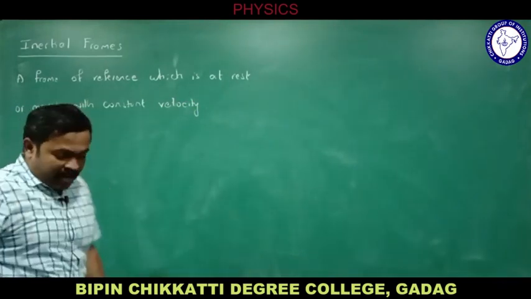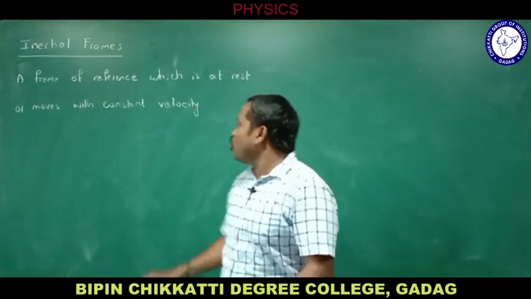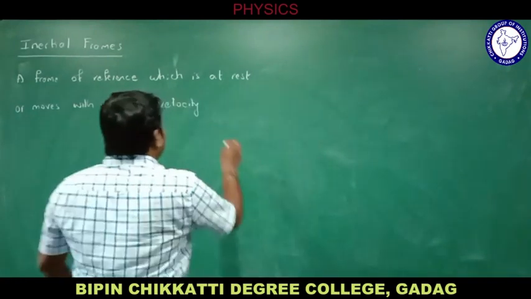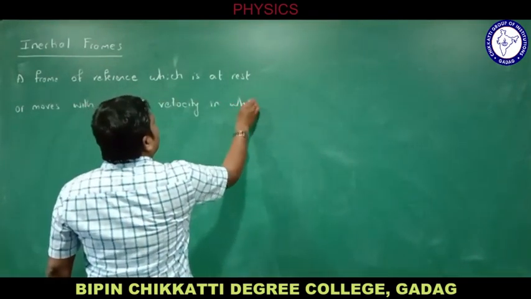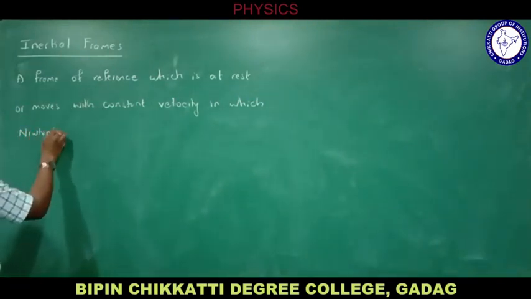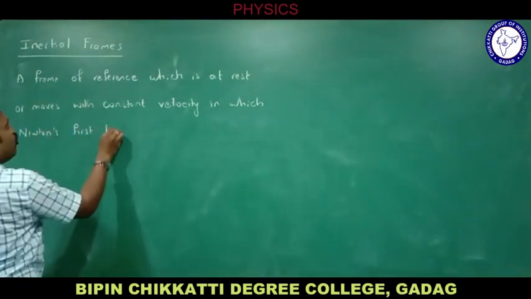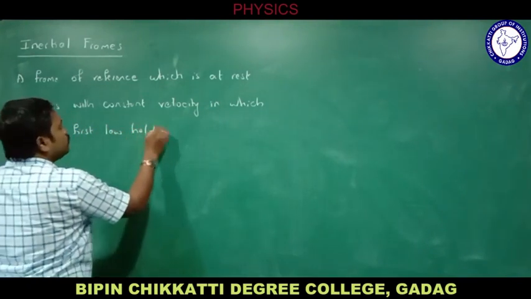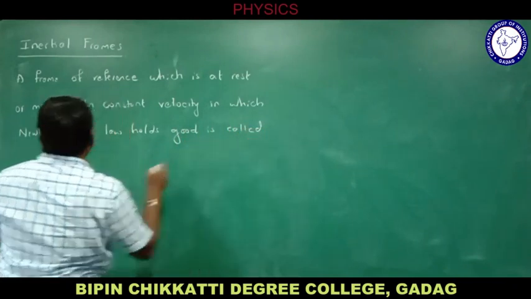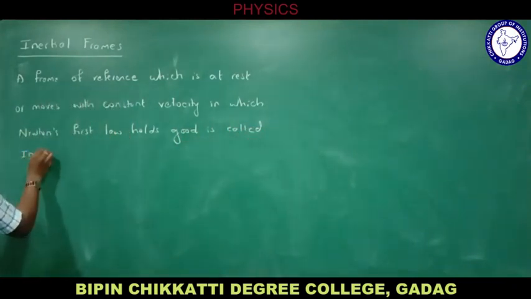Do you remember? A frame of reference which is at rest or moves with constant velocity, in which Newton's first law holds good is called inertial frame of reference or inertial frame.